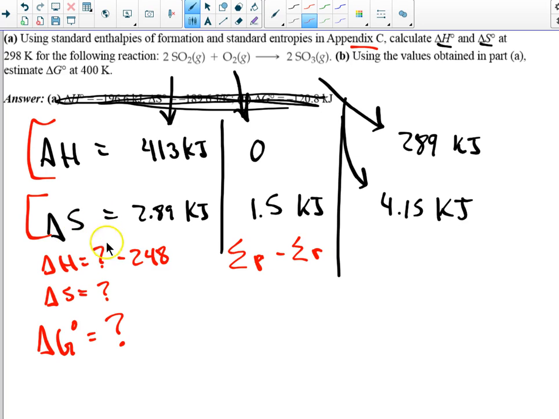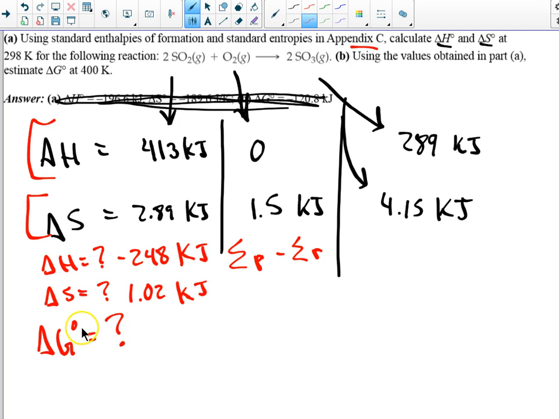S, you do the same idea. What did that end up being? 1.025. Now, I made these both the same unit just to be nice because I can be when I feel like it.